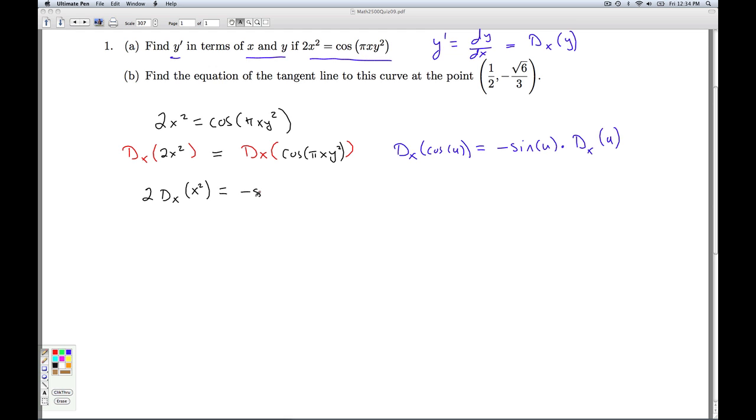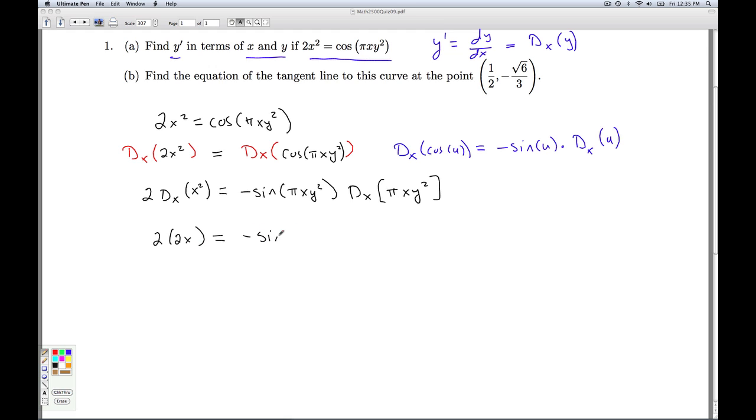So this is negative sine of pi xy squared times the derivative with respect to x of pi xy squared. Okay, back on the left-hand side, we can use our power rule there. And then we're done taking derivatives there.